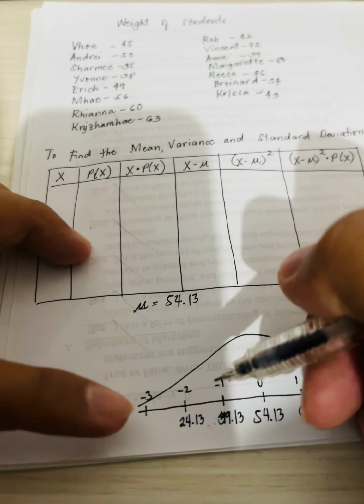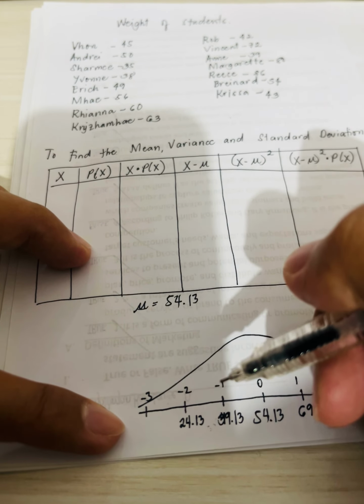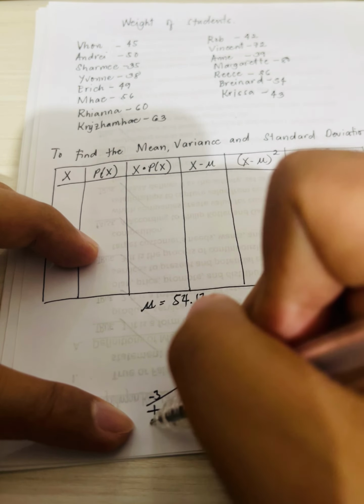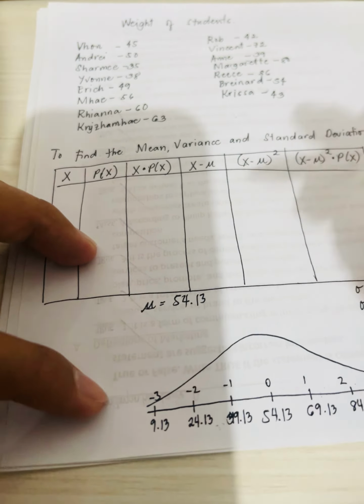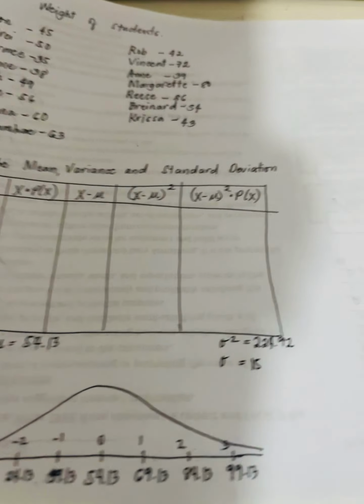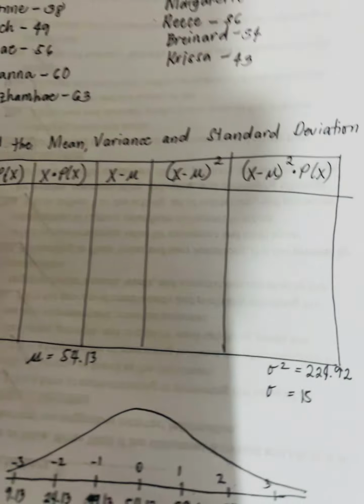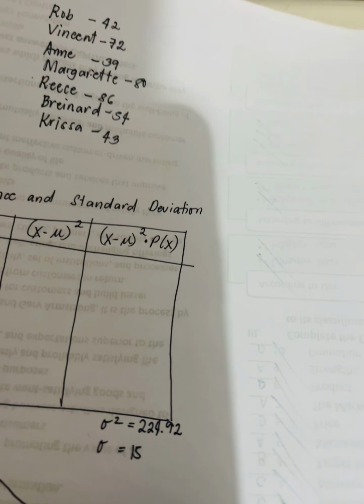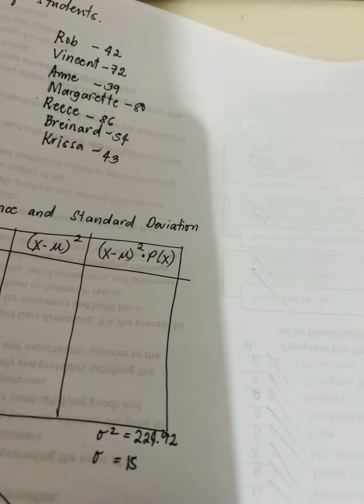Then subtract another 15. That will be 9.13. So this is now the distribution. Next will be computing the 30th percentile and then the 60th and 90th percentile.